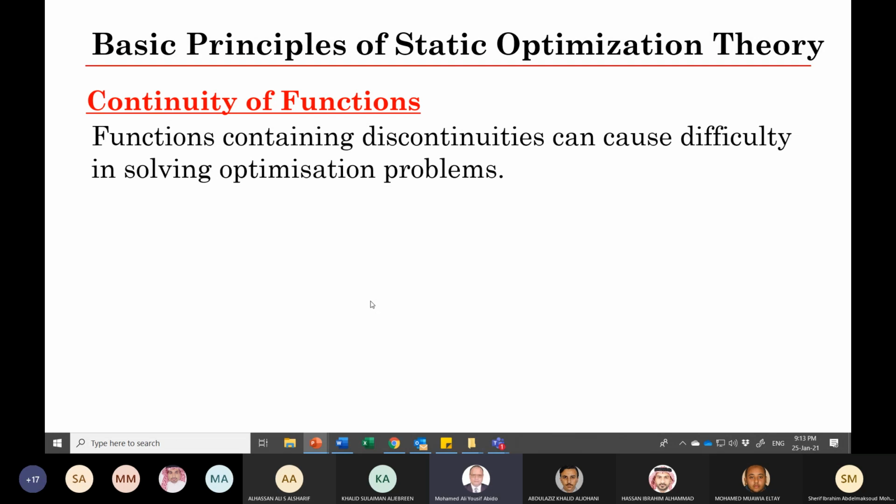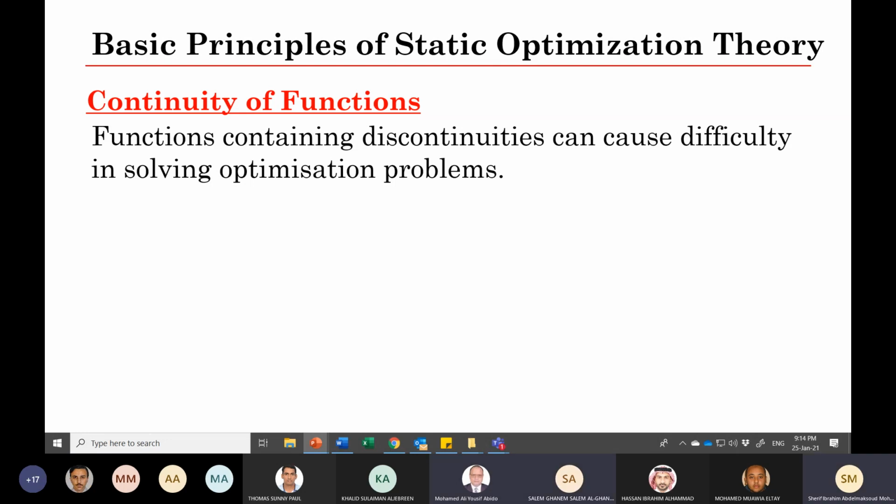Continuity of functions. How can you know whether the function given is continuous or discontinuous? How do you know? Taking the derivative? The differentiation? Through the limits.